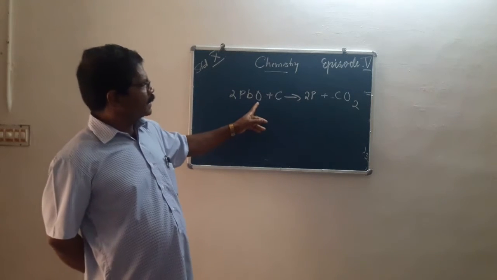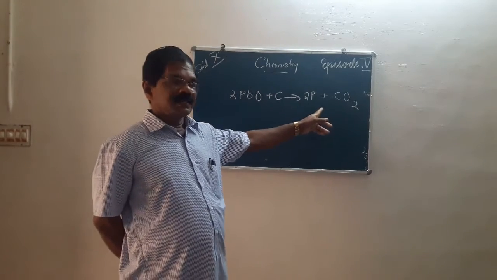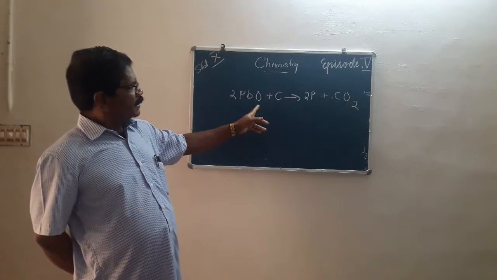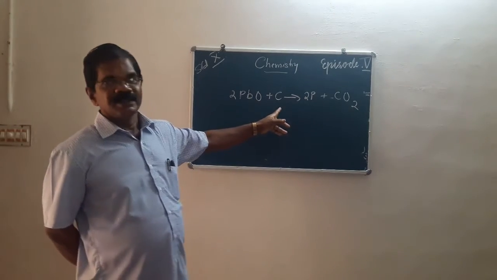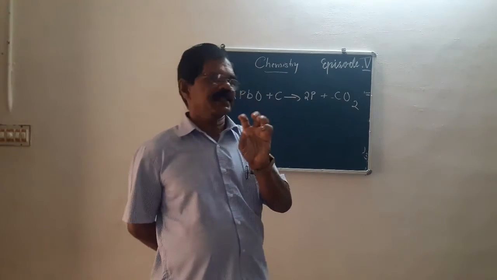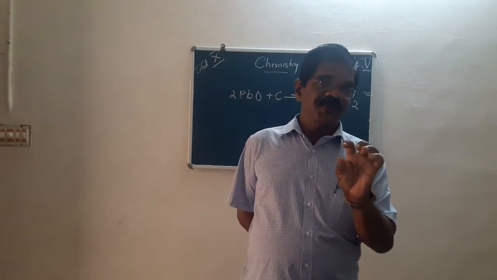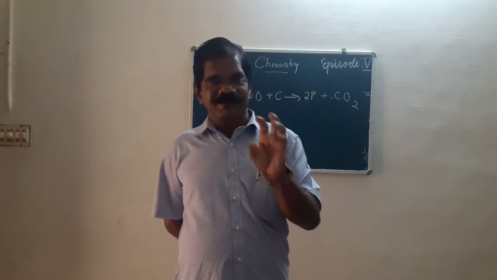What are the changes that take place? First, you look at the reactants and products. Then you look at whether it is balanced or not balanced. In a balanced or unbalanced reaction, I said to you, always use the table method.